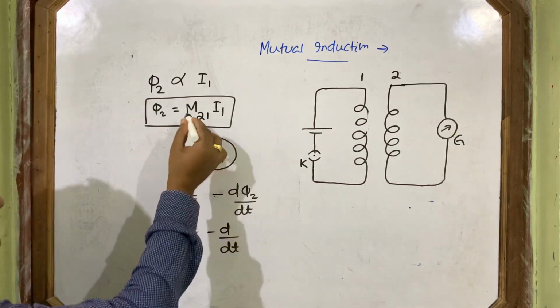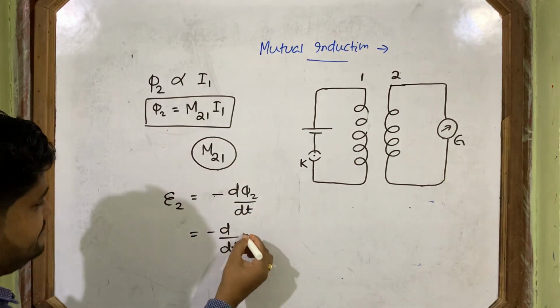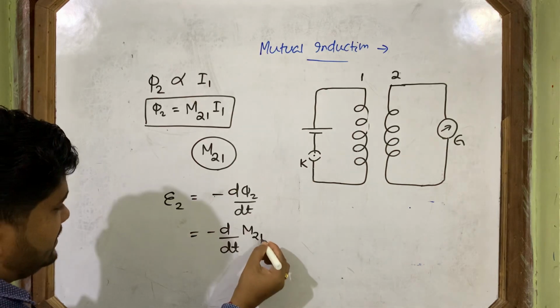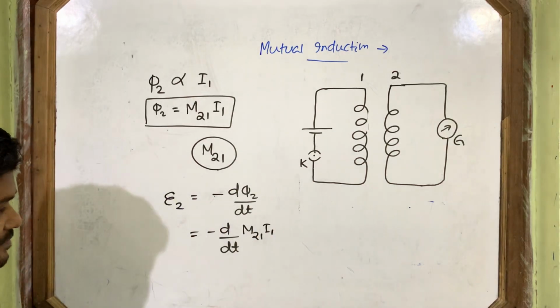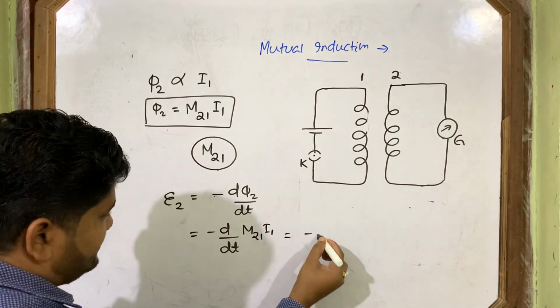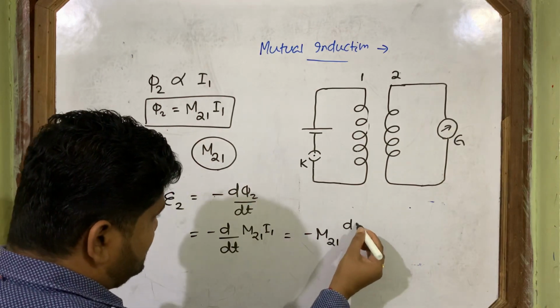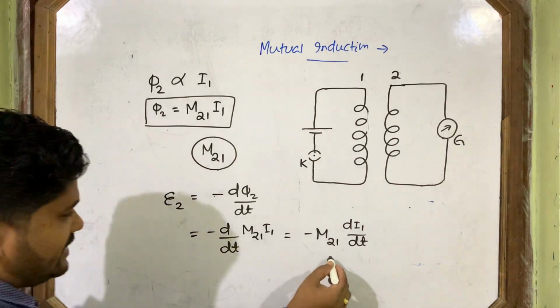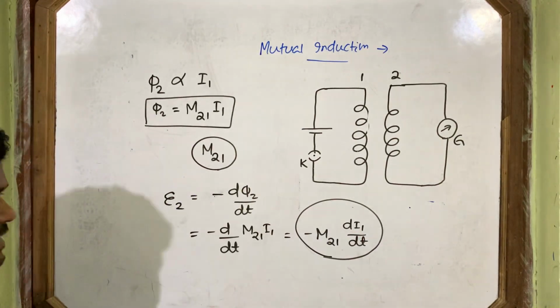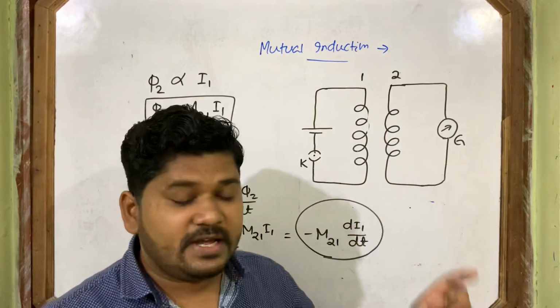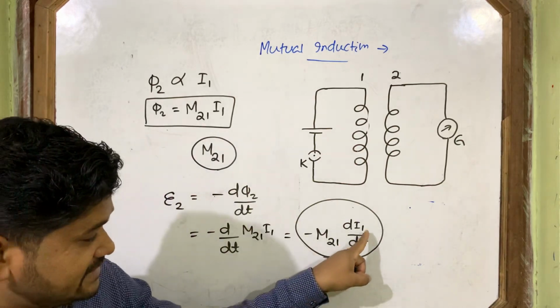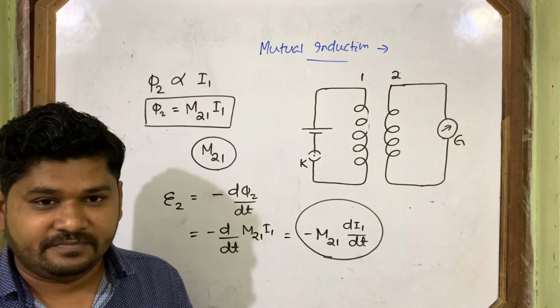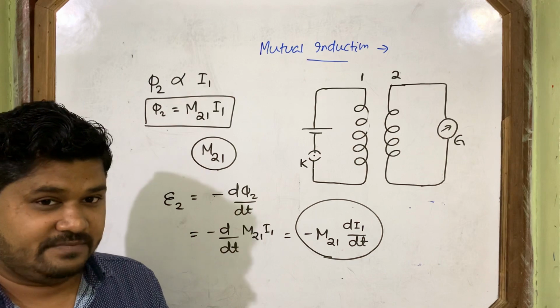In place of phi 2, now you write here M21 I1. So what we get here? Minus M21 dI1 by dt. This is the expression of EMF induced in the second coil due to the current change in the first coil.